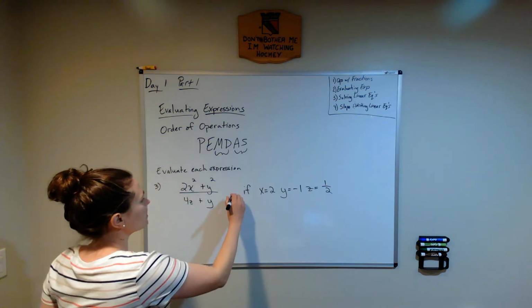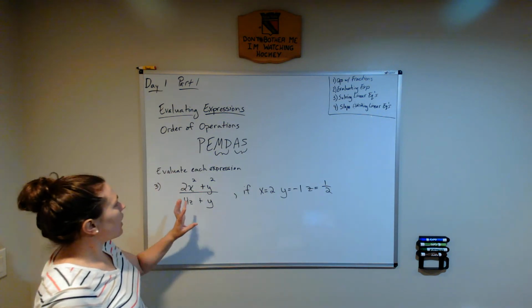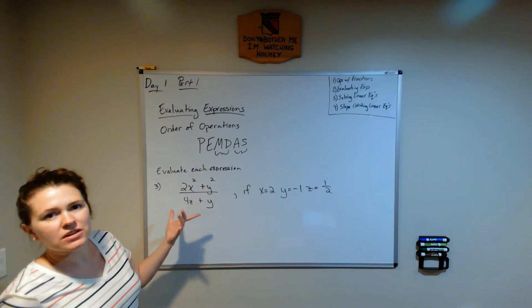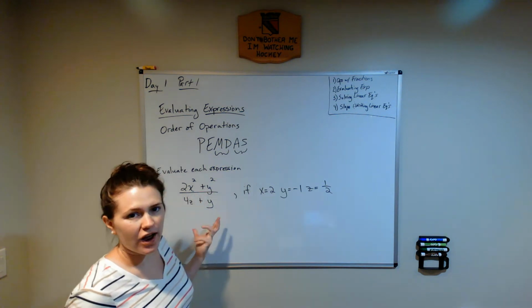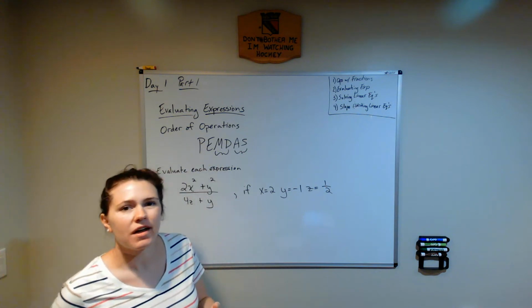So if I wasn't given this piece of information right here, I would not be able to evaluate this expression because I have 3 unknown variables here, so there would be nothing for me to evaluate.